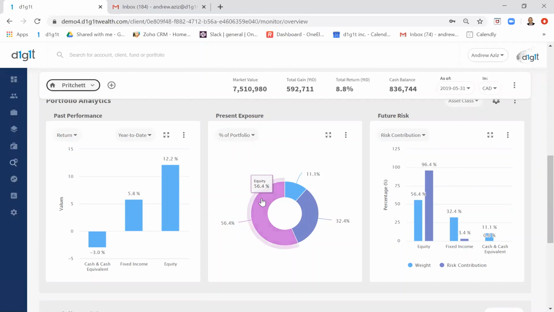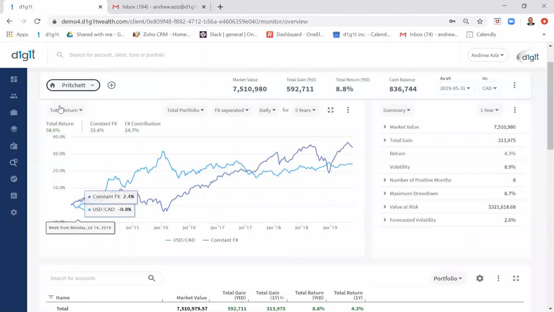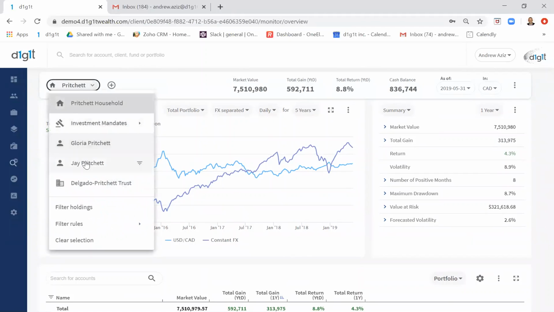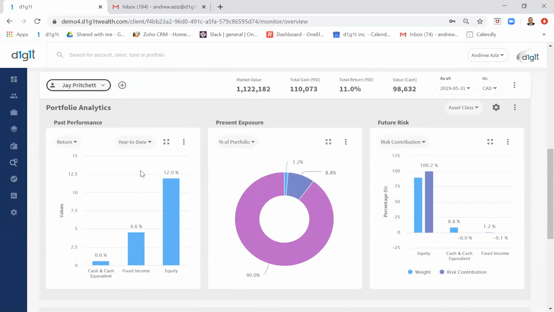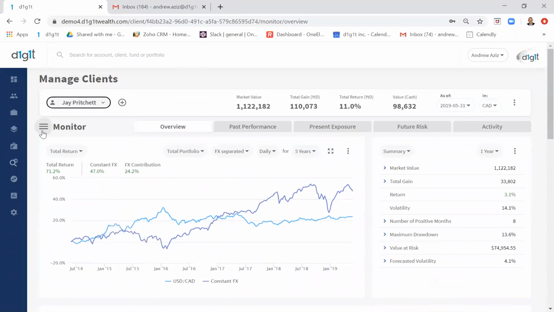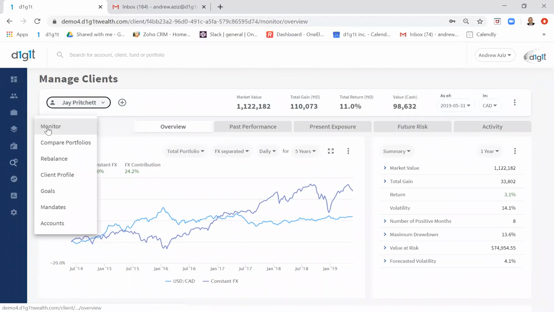Now, Jay clearly has a very heavy exposure to equity. If we look at Jay's portfolio very specifically, we see that that's indeed the case. So now let's check out and understand Jay a bit better.